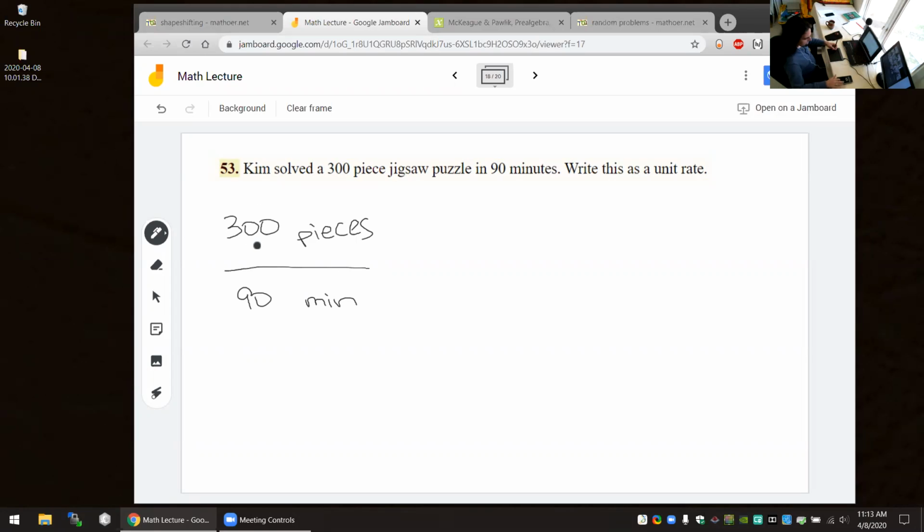Top divided by bottom, 300 divided by 90, about 3 pieces a minute. Should I round this? Could I write 3 pieces a minute? Sure.